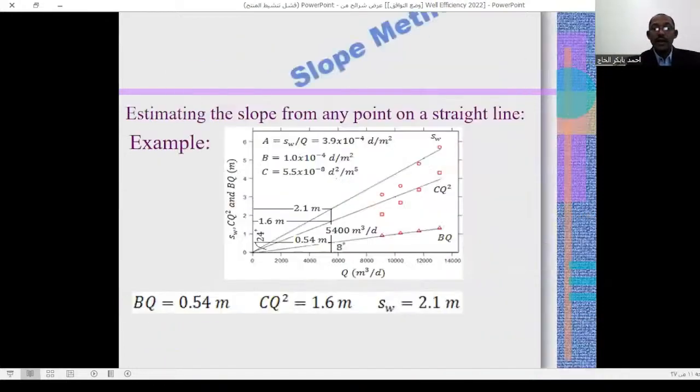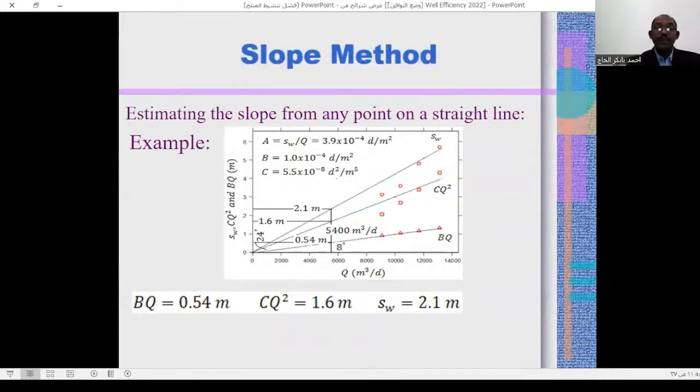Another method for slope methods: how to estimate the slope from any point of the straight line, any point. Select this point, at the total well loss equals 2.1 meter, and well losses equal 1.6 meter, and the aquifer loss equals 0.54 meters.